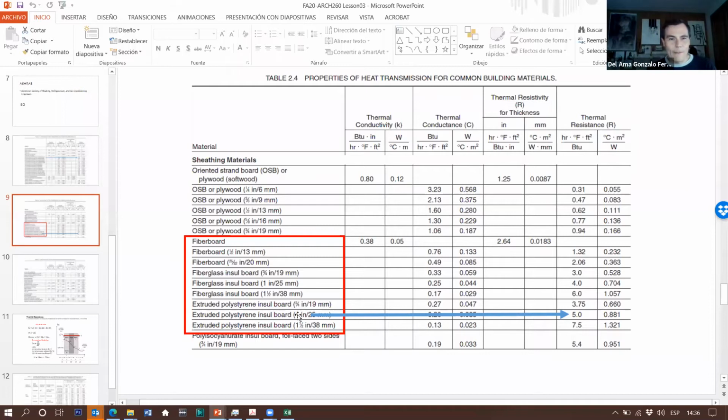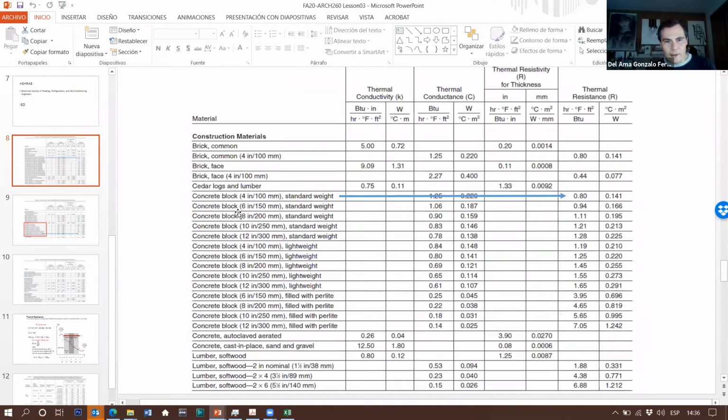So there are 3 ways to get the thermal resistance of a material. If we have the thermal conductivity, it's width or thickness divided by the thermal conductivity. If we have the right size here, it's 4 inch, so we just type this.